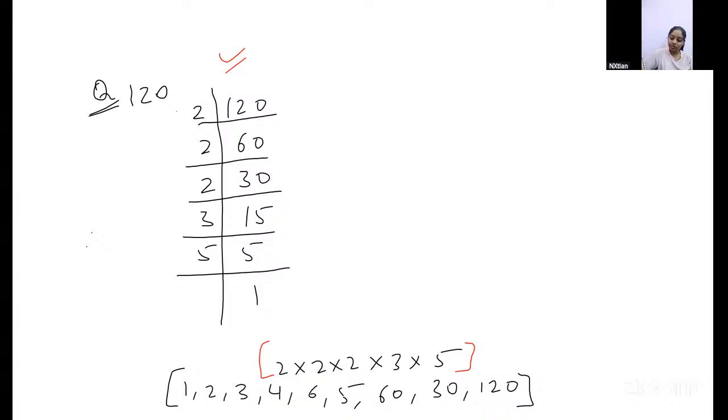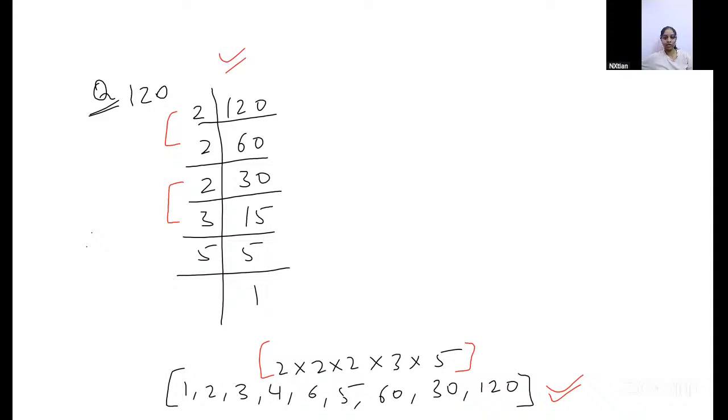Like 2 into 2 we can do, 4, and also we can multiply 2 into 3, 6. Then we can further multiply them, and 5 with 5 also, to get 30, 60. Like all of this we can further multiply among themselves. Then we will get these numbers, which are the factors of 120.